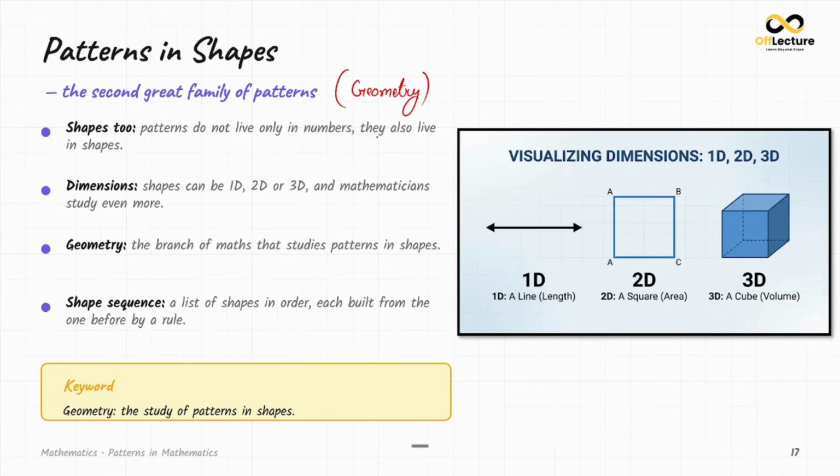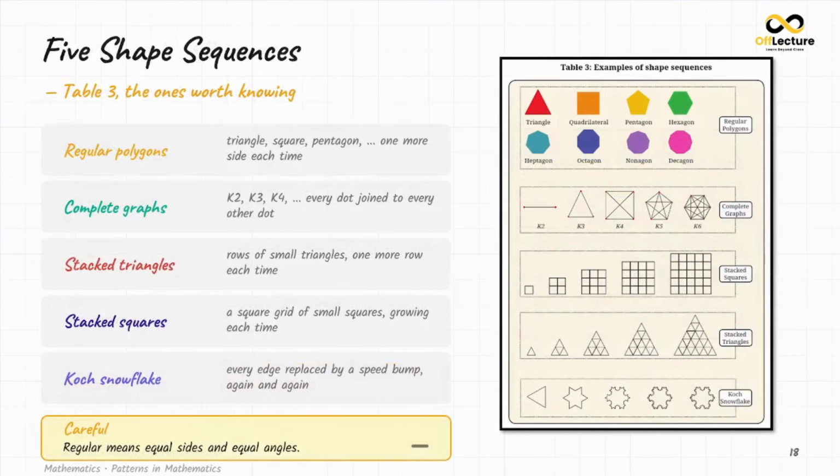This book gives 5 shape sequences: regular polygons, each with one more side, complete graphs where each dot joins with every other dot, stacked triangles, stacked squares, and the Koch snowflake, where every straight line becomes a speed bump for 4 shorter lines again and again.